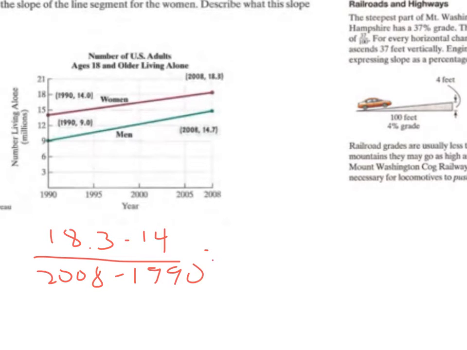When I do that, 18.3 minus 14, I get 4.3, and then 2008 minus 1990, I get 18. If I divide 4.3 by 18, I get 0.24 rounded. So the women have 0.24.